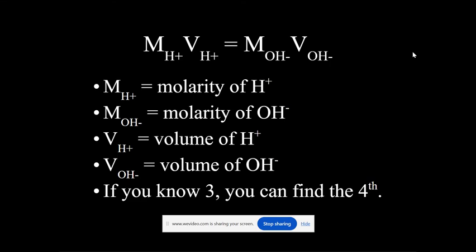But here we have the equation for figuring out either molarity or volume if we're dealing with solutions. Okay, and so a reminder from yesterday, molarity is an expression of concentration. So the higher the number of molarity, the more concentrated the solute is in the solution.